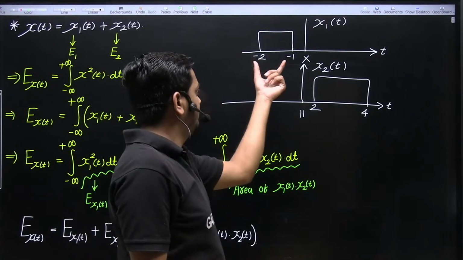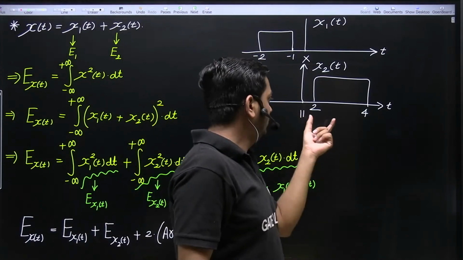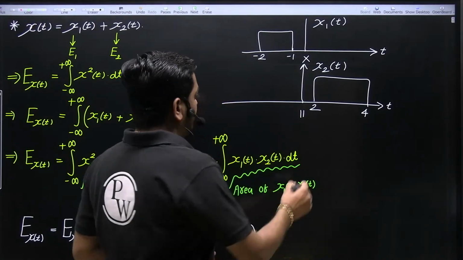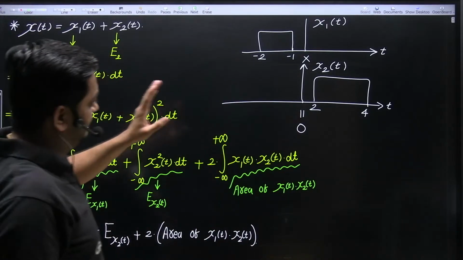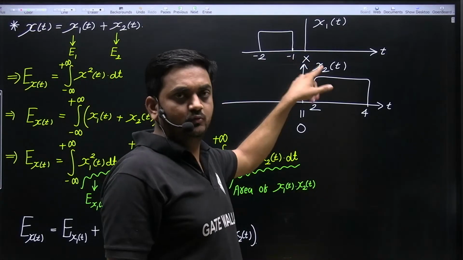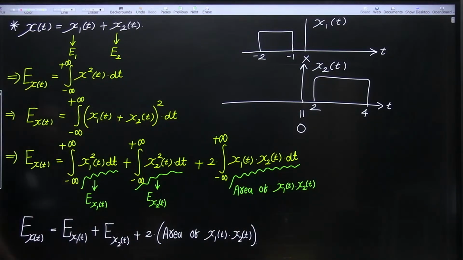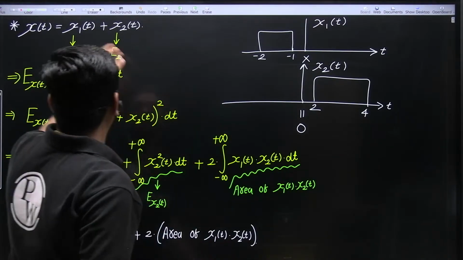This is present between -2 and -1, non-zero amplitude between -2 and -1, and here non-zero amplitude between 2 and 4. So if we multiply these two signals time by time, then the resultant signal will be 0. So you can see here there is no common area between x1 and x2. That's why the multiplication of x1 and x2 becomes 0, and the total energy will be the sum of the individual signal energies. Simple. Okay, remember this thing.